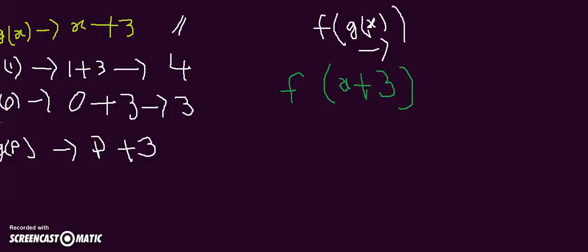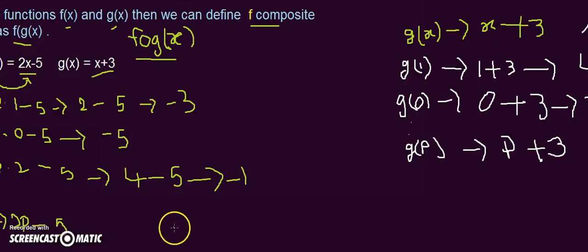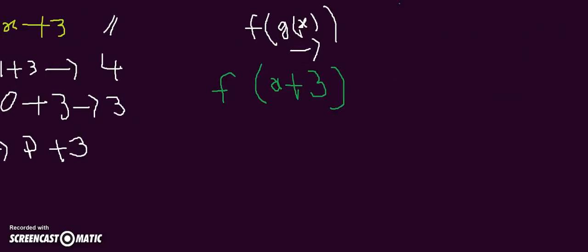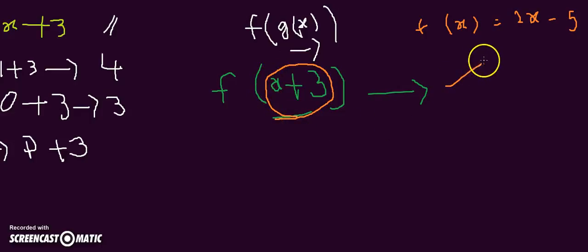Our f of x, as per the definition, is 2x minus 5. So, in place of x, we have to consider x plus 3. I'll substitute the value of x as x plus 3 in this.